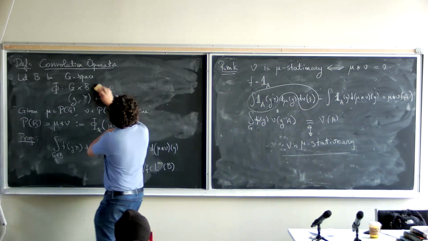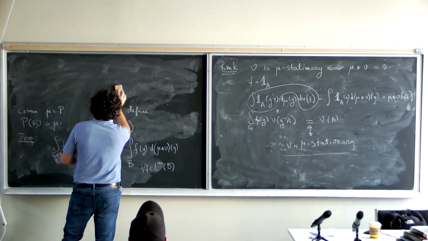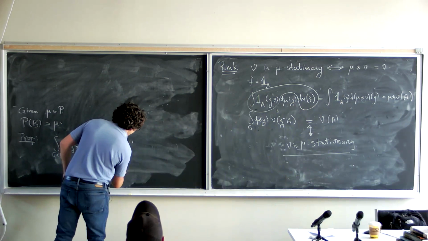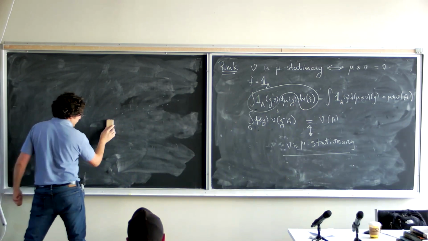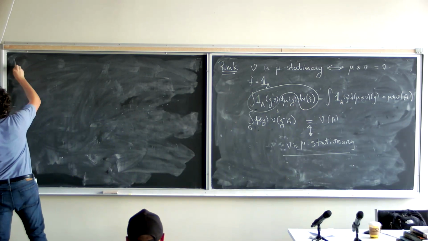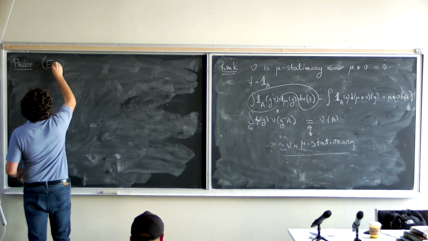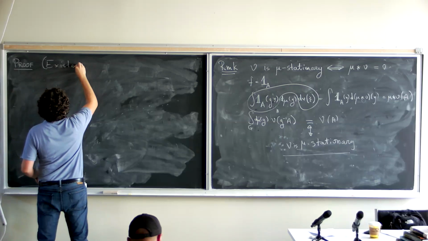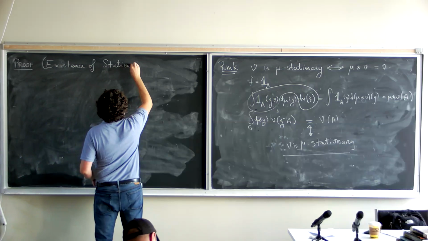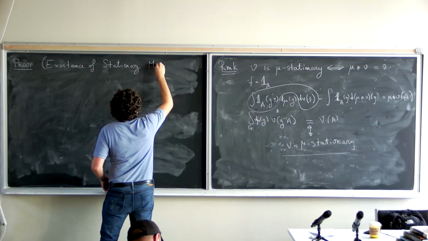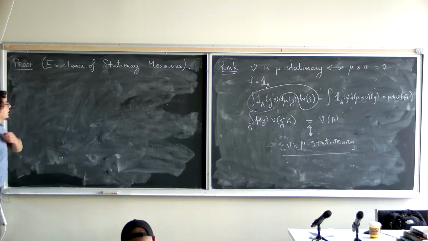Okay, so we actually have time to give the proof of the lemma, which is somewhat a well-known technique. The proof of existence of stationary measures is, in fact, a classical fixed point theorem.